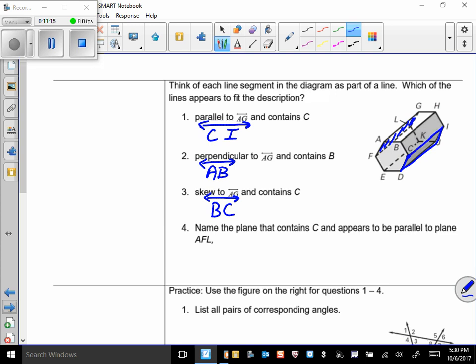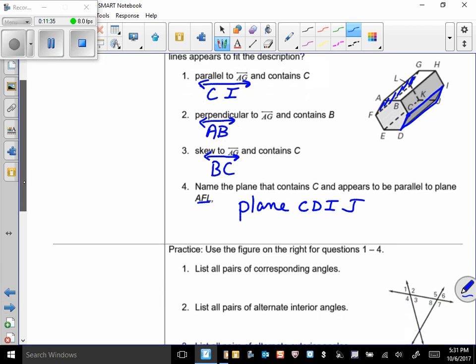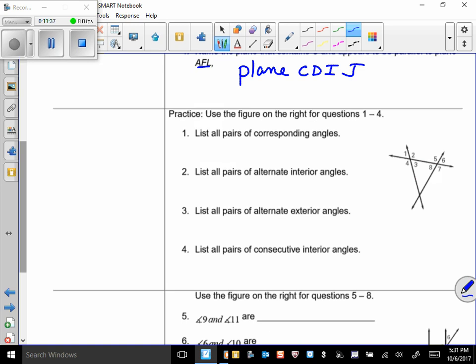I guess I could just use 3 letters like they did, but I'm going to use 4 just to be certain and call it plane CDIJ. Okay, so there's some parallel planes and lines. Now we've got some practice problems.